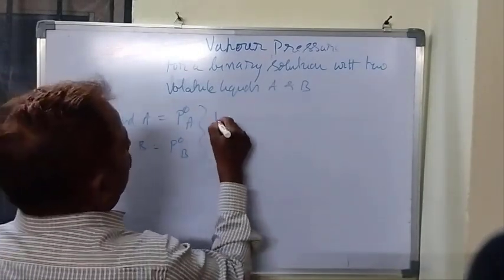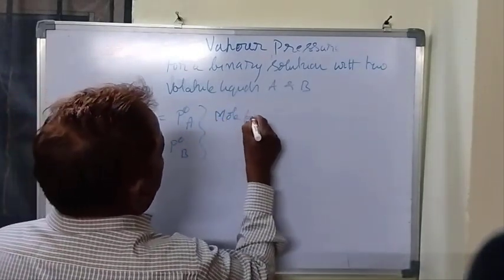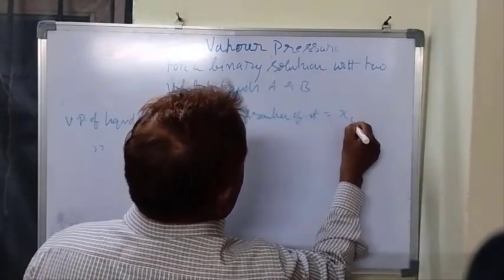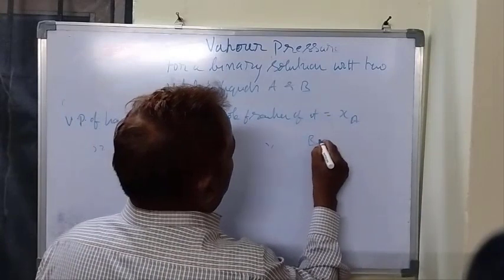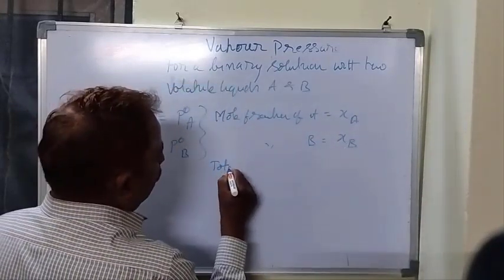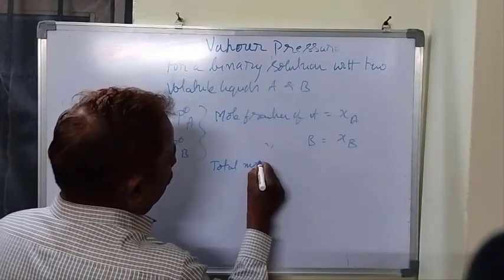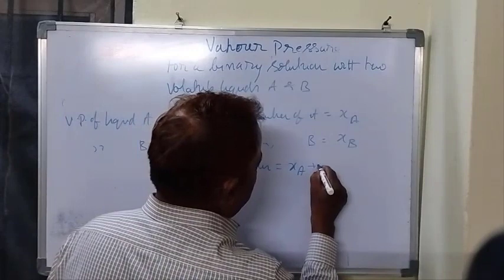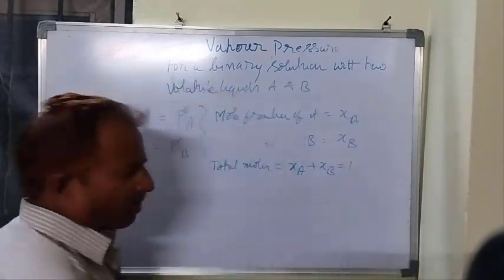On the other hand, the mole fraction of A is XA and the mole fraction of B is XB. So the total mole fraction XA plus XB is equal to 1.